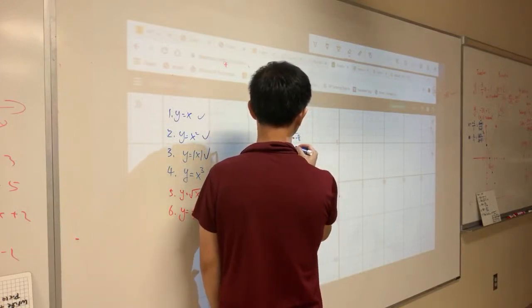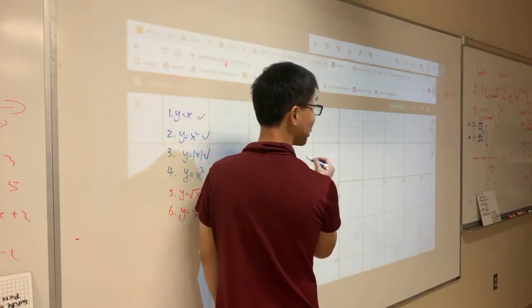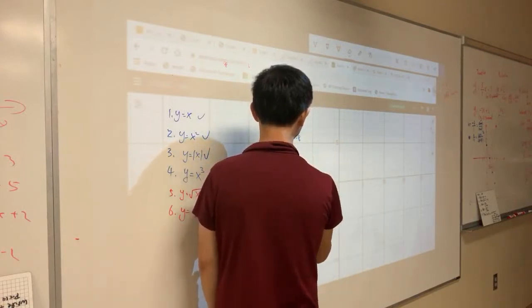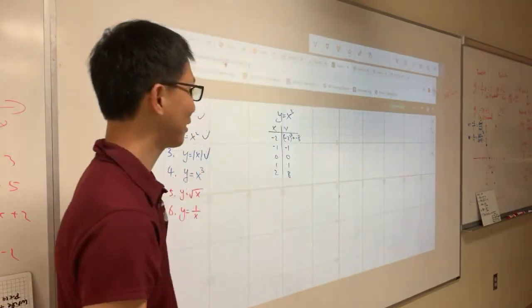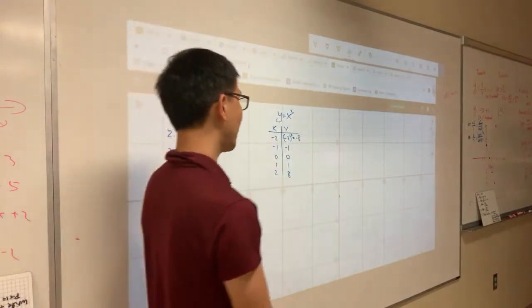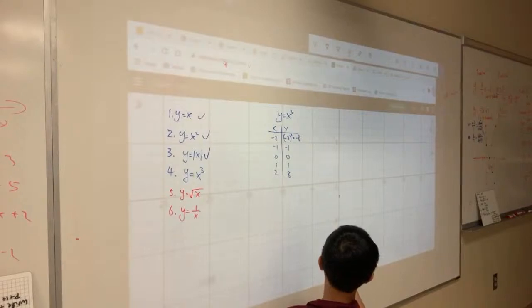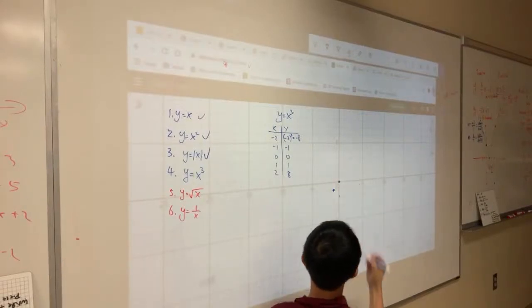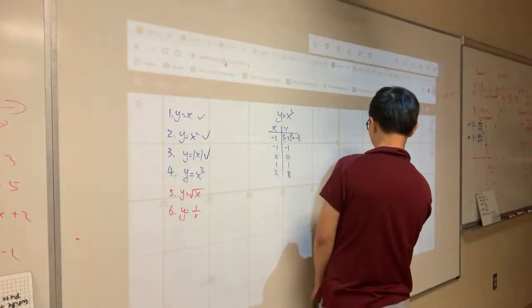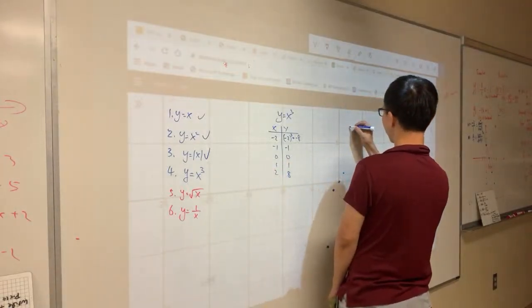And then for negative 1, we get negative 1, then 0, 1, and 8. So if I plug in 2, I'm going to get 8. This one's 1. It looks like this.